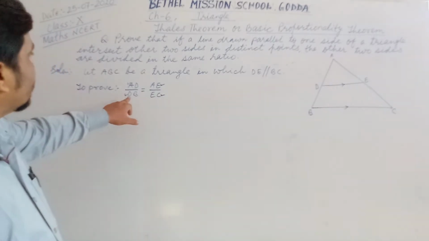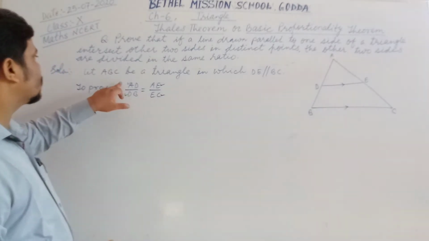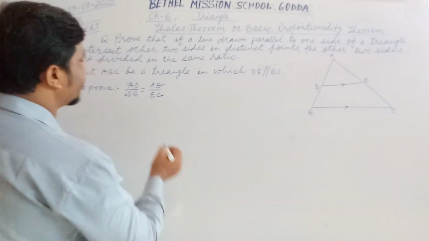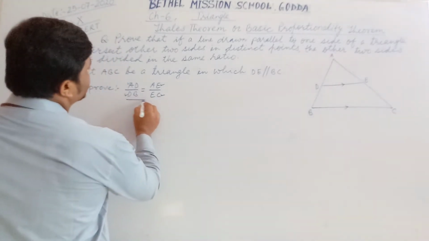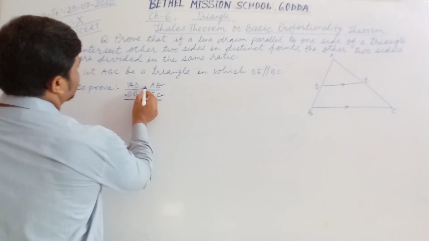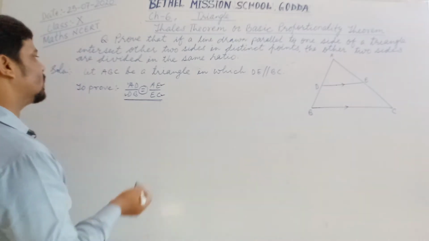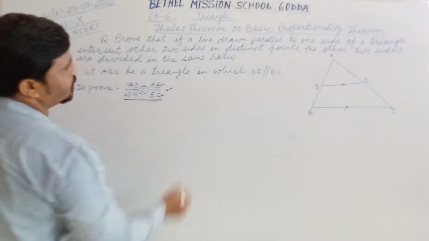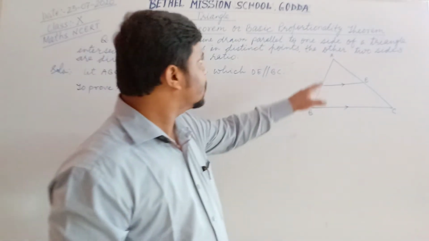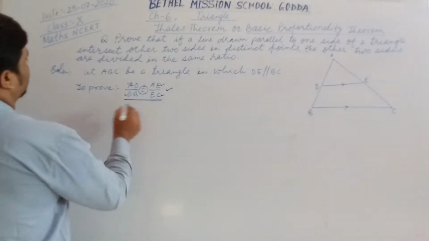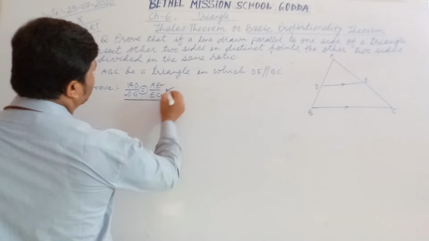Because we are going to prove that the two ratios are equal, and the equality of two ratios is called proportion, the name of this theorem is the basic proportionality theorem.